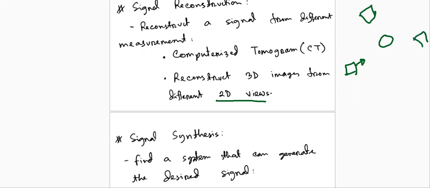So 3 cameras we are putting 120 degrees apart from each other, and each will get a 2D image. This is a 2D image, 2D image, and combinedly we have a 3D picture, and this is known as the reconstruction. So you can reconstruct the image from the 2D images, which looks like a 3D one.